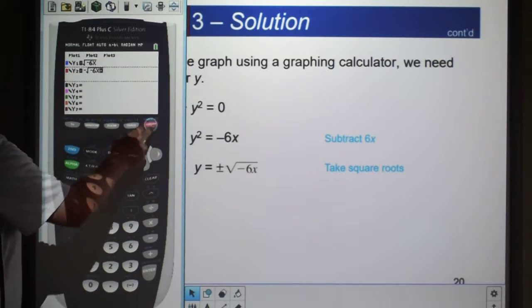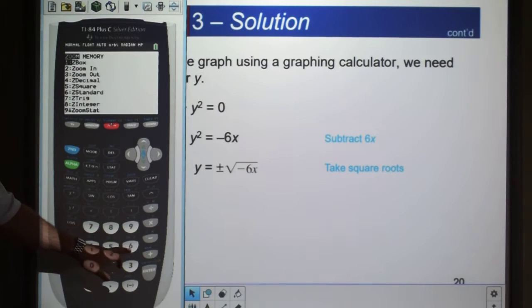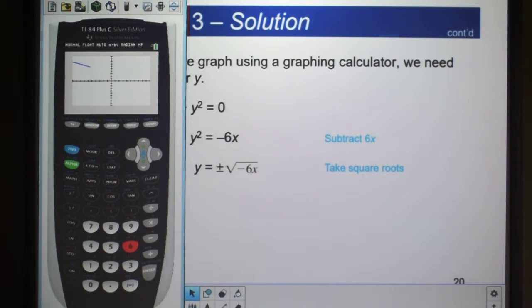Your calculator can't graph both of them. Oh, my graph's messed up, I'm sorry. How do you get back to a normal looking graph? Zoom 6. You can't graph both of them at the same time. But you can see together, you have the sideways parabola.